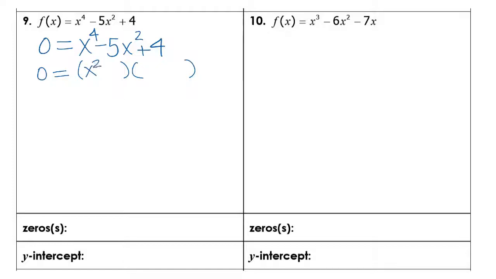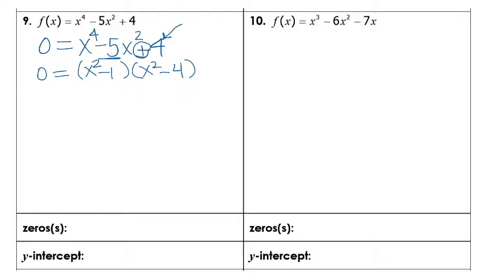Perfect. It's going to be x squared, isn't it? Is that okay? All right, so what factors of 4 can I multiply together, take those and add, and get -5? -1 and -4, isn't it?